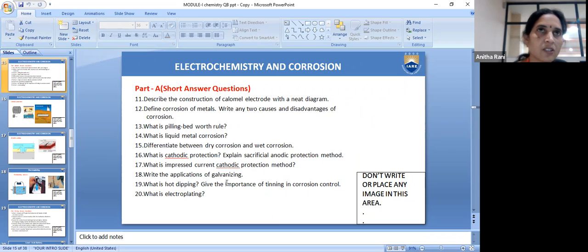Students, what are the applications of galvanizing? Any two uses of galvanizing? It prevents rusting and is used for machine parts.